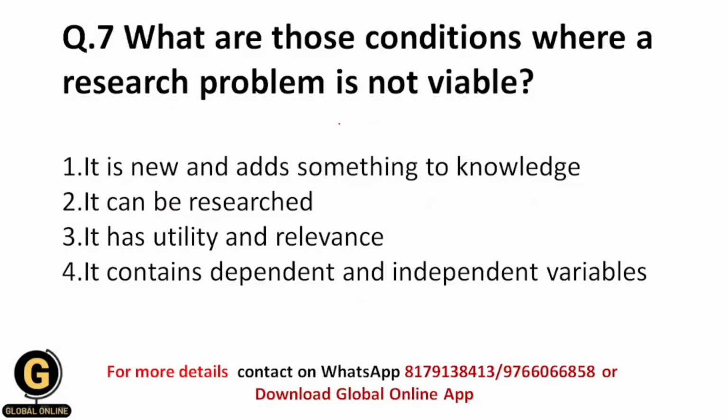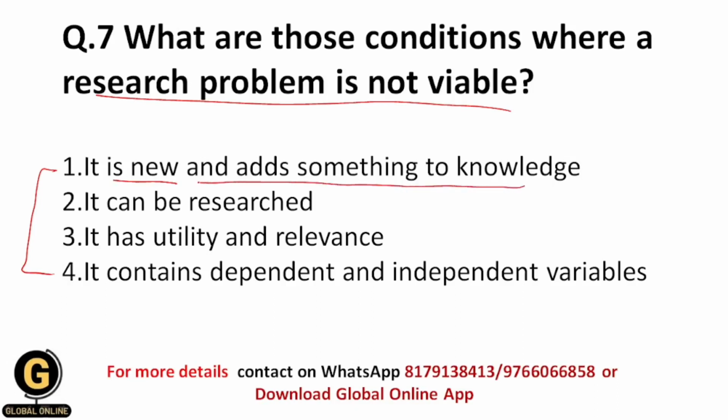Okay. Now, in this question, it has been asked what are those conditions where a research problem is not viable. So here we have been given some conditions and we have to identify those conditions where a research problem is not viable. Okay, so let us see first. It is new and adds something to knowledge. As we have seen, what is a research problem? A research problem is any kind of difficulty or statement of question where we have to give an answer to that question.